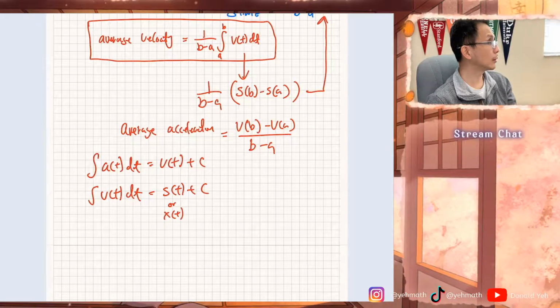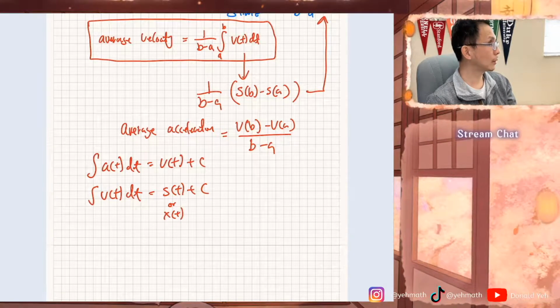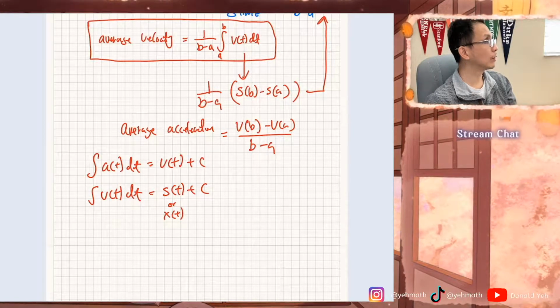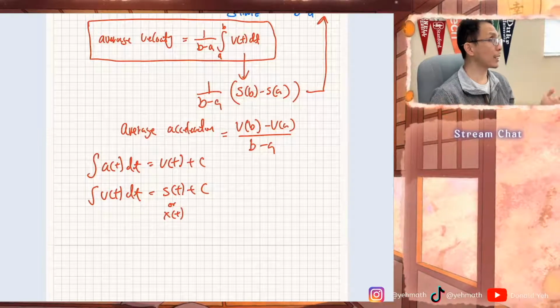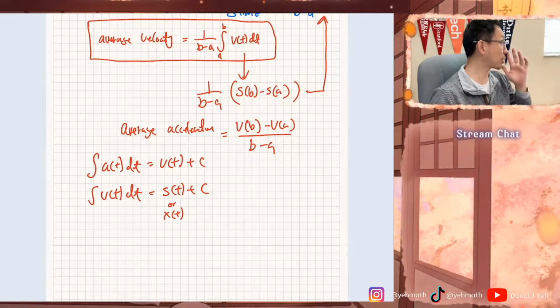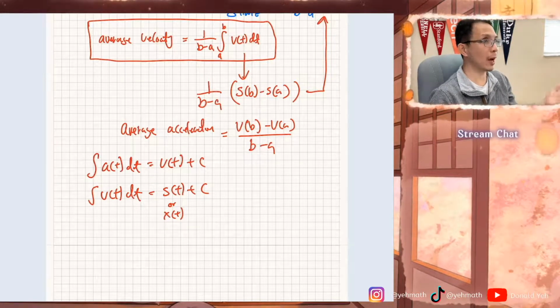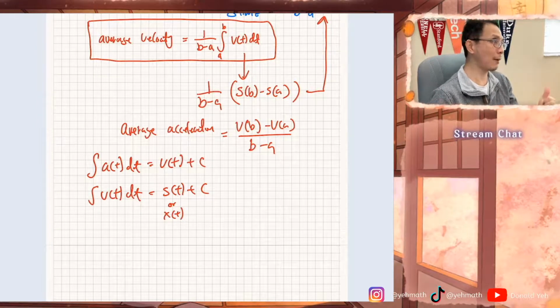Speed is a scalar quantity, so you can't have a direction, so it can't be negative. Velocity can be negative or positive because it has a direction. Right. And you have to assign a direction also. With velocity you usually assign, say, going north is positive, going south is negative, or going right is positive, going left is negative.